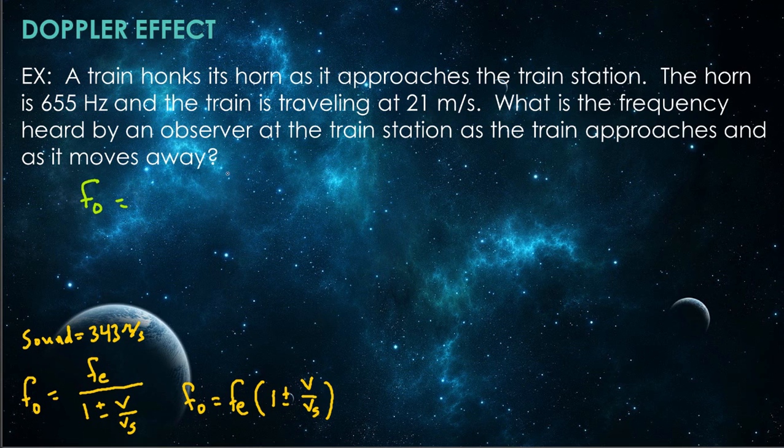So the observed frequency is going to be 655 all over 1 minus, because it is approaching, let's make that a clear minus, the velocity of the train, 21, all over 343. And we can put this all in our calculator, but we want to make sure that we put this portion especially in parentheses.